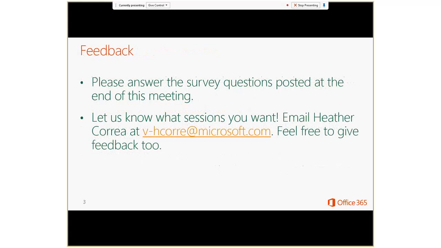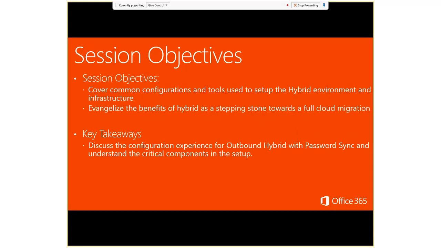We will definitely go ahead and talk about the questions in the end, but let's take a quick look at today's session objectives. During this session, I'm going to cover common configurations, tools, and we're going to talk about the overall infrastructure that is required to set up hybrid.